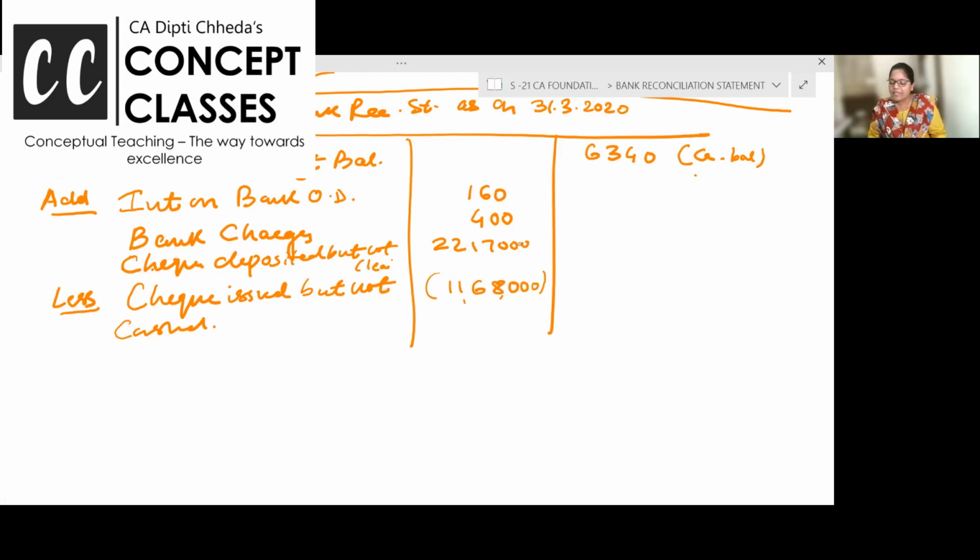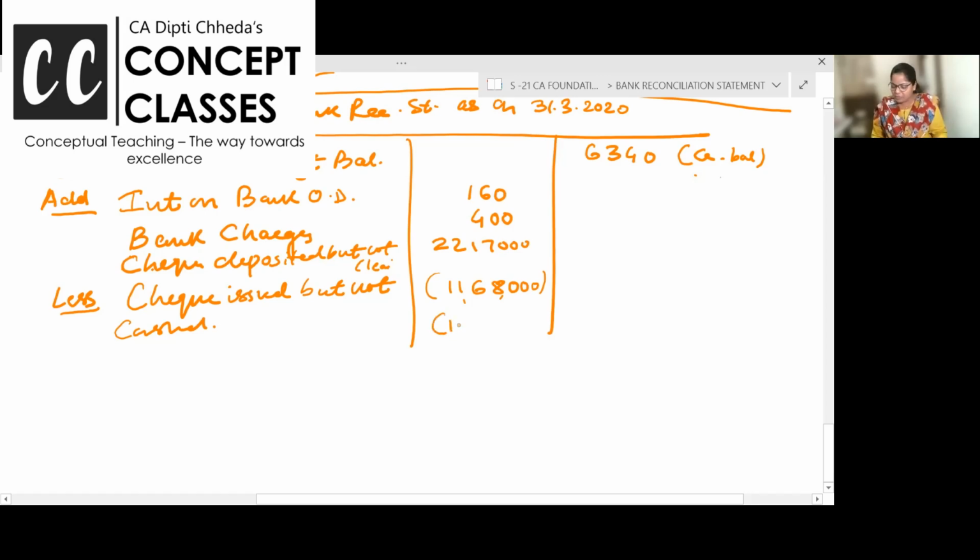Interest on investment collected by the bank and credited. Some investments you have made, interest, dividends nowadays, they directly come to the bank. So it is credited in the bank. So if I receive the interest, what is the journal entry? I have to debit my bank. Bank is the receiver. Bank account debit to interest. So I have to debit bank. What is the balance? Credit. And I have to debit.